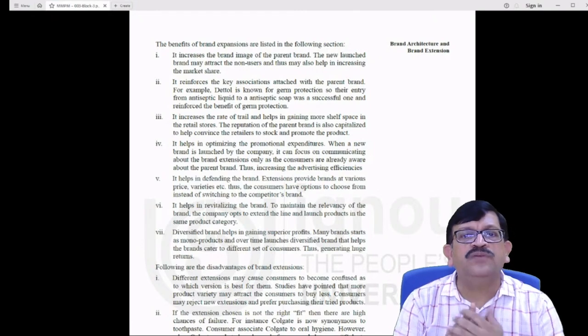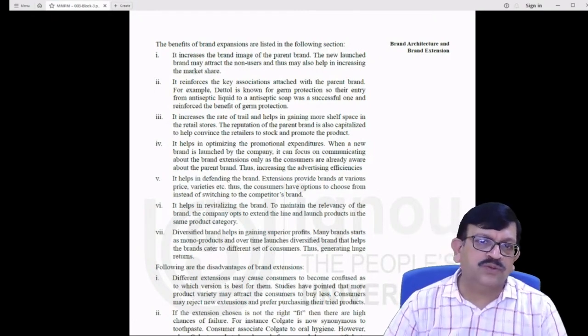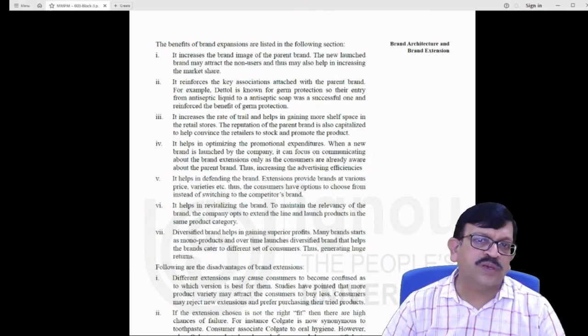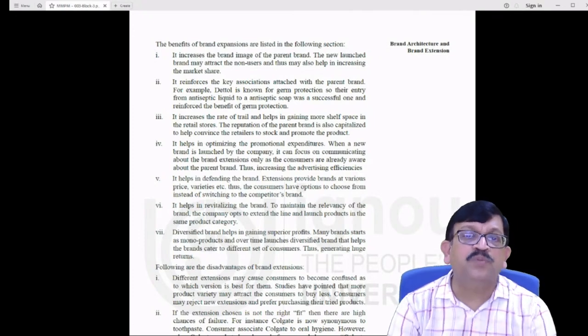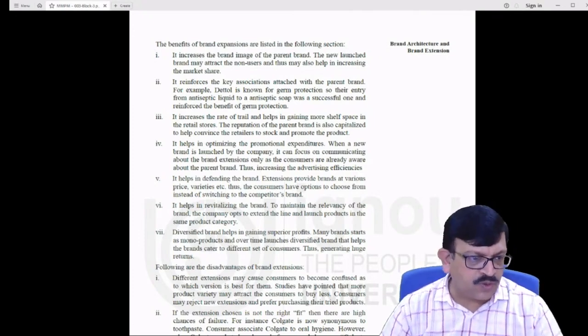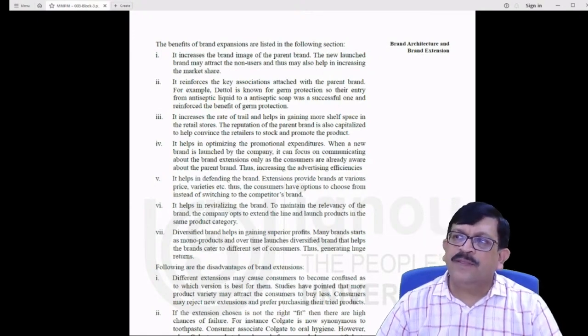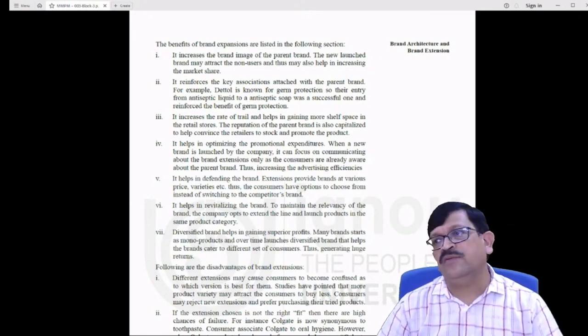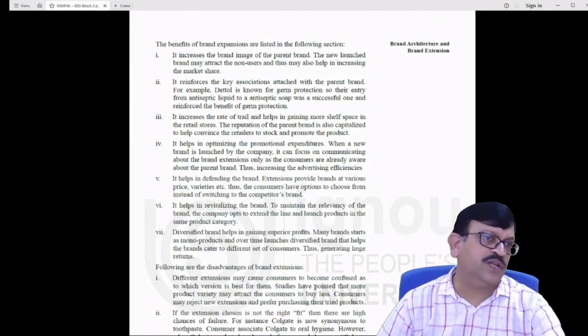The reputation of the brand can be capitalized to convince the retailers to keep stock and promote the brand. It also helps in optimizing the promotional expenditures, because these are the key benefits of any extension strategy. Why would a company or a brand manager not go for introducing a new brand or go for an extension?